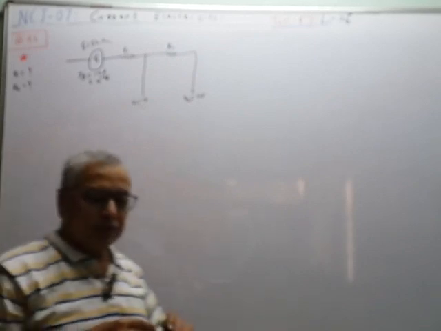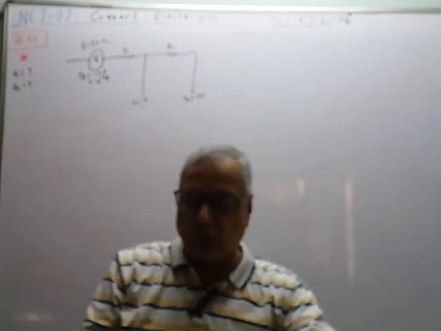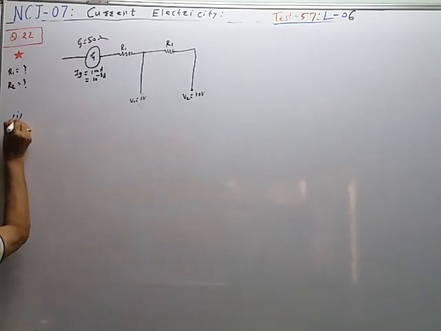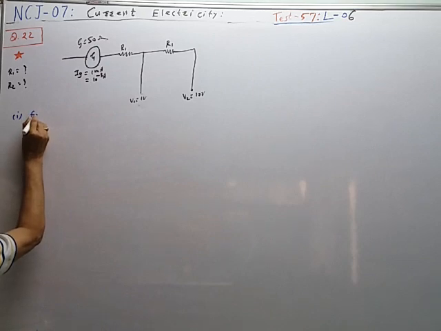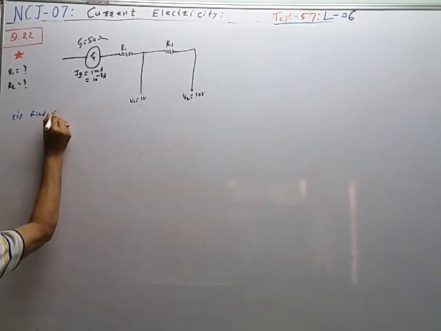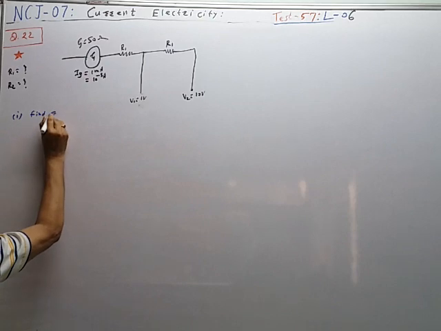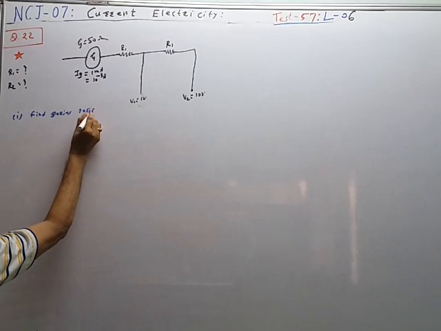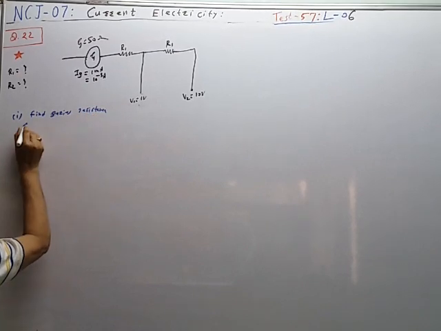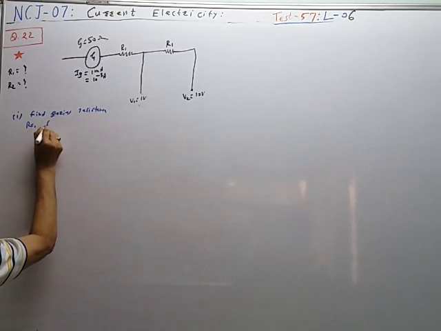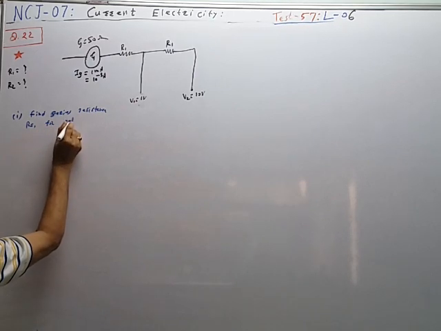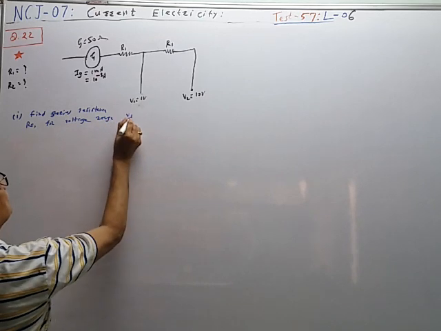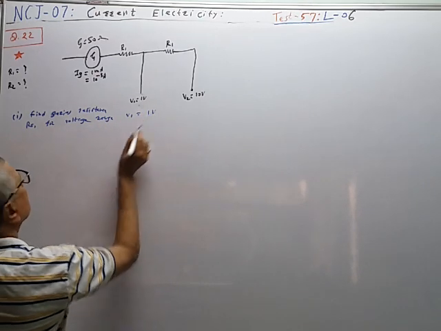So we will solve the problem in 2 steps. First step, find series resistance RS1 for voltage range V1 is equal to 1 volt.